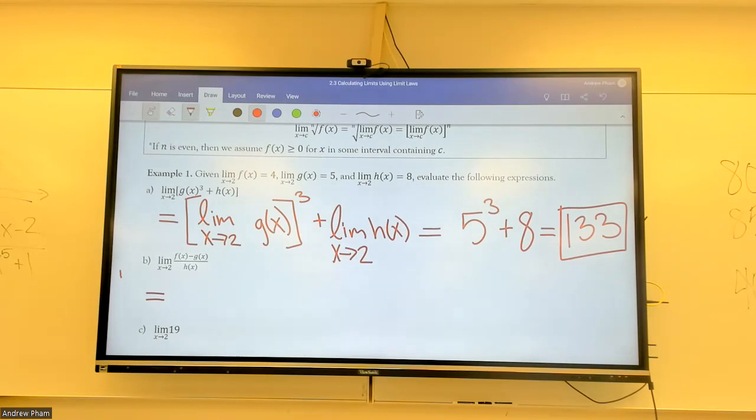So the first thing you might be thinking about is what limit laws can I apply? I'm going to say that there's 2 limit laws that you will work with here.